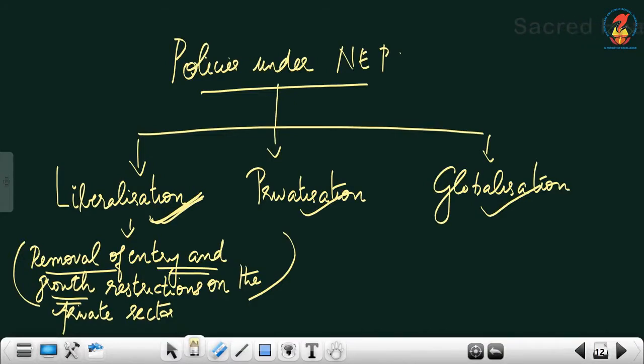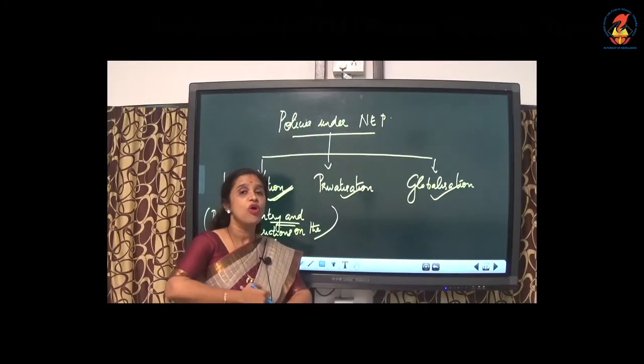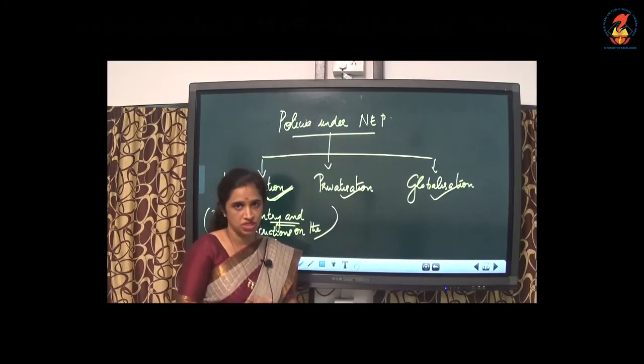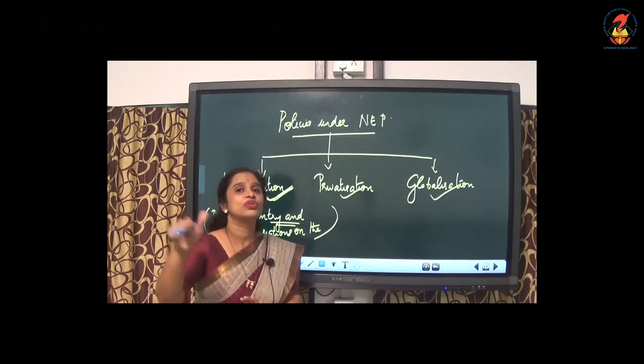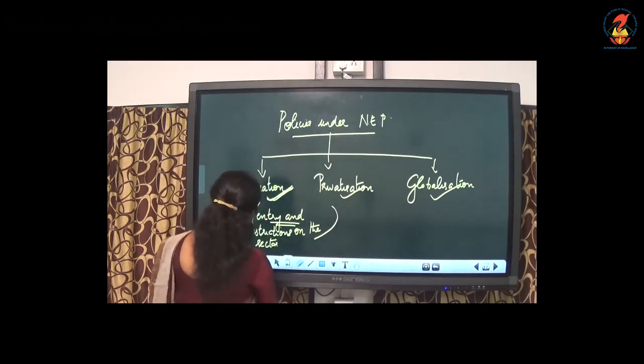You have to read it together. Removal of entry and growth restrictions. We are removing all kinds of restrictions which were imposed on entry and growth. When you read that statement, you have to read it like this: removal of entry and growth restrictions on the private sector.